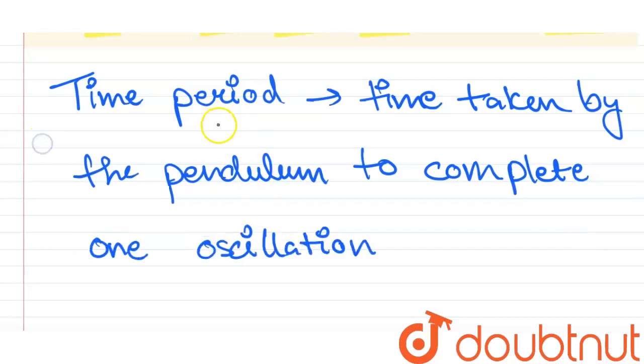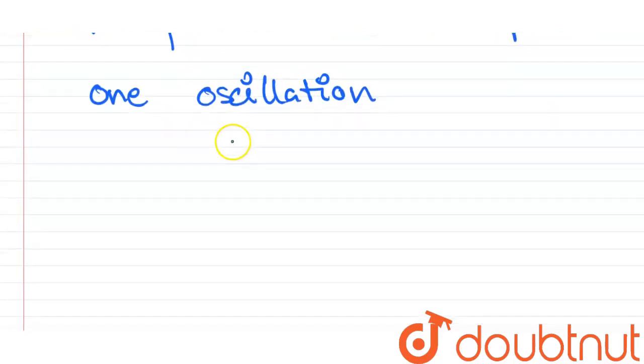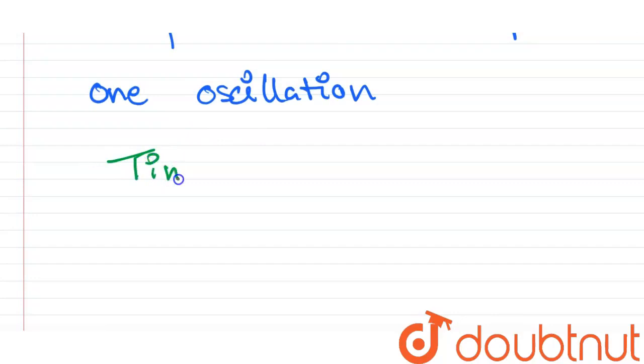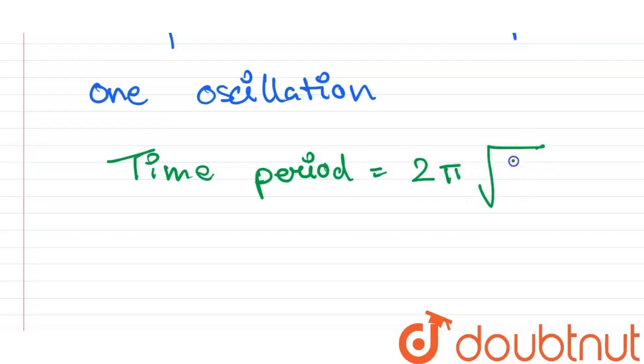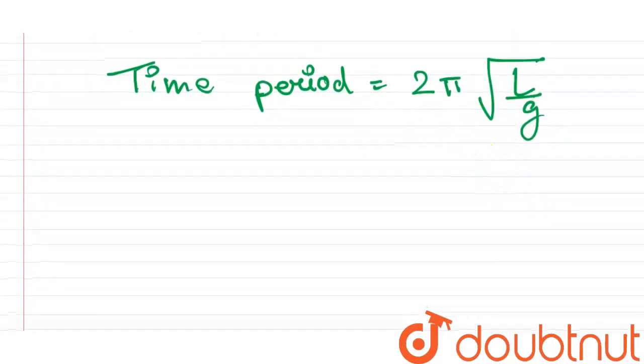Alright. And we know the formula for time period. Formula for time period is given by 2 pi under root L by G, where L is the length of the pendulum and G is the gravitational acceleration.